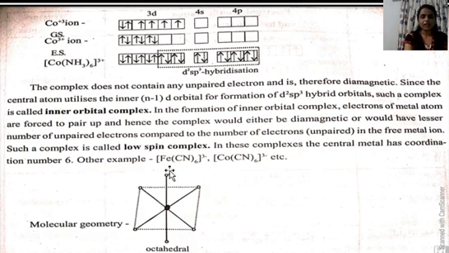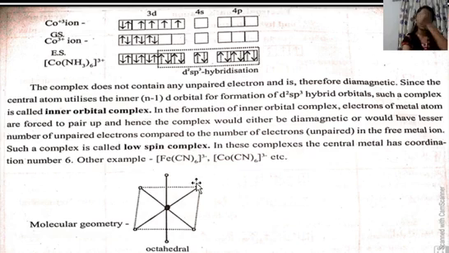Other examples are Fe(CN)6 3 minus, Co(CN)6 3 minus, etc. And this is shown, the octahedral geometry here. This is the central metal atom, here consider Co, and these 6 are the ligands, here NH3, and thus it forms the octahedron. Okay, these are also joined this way.